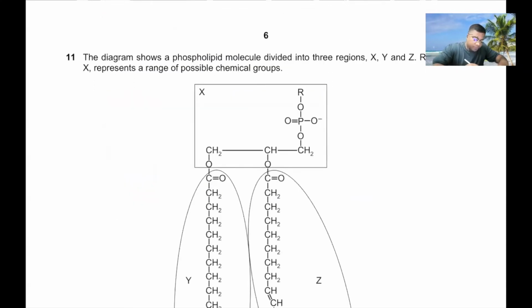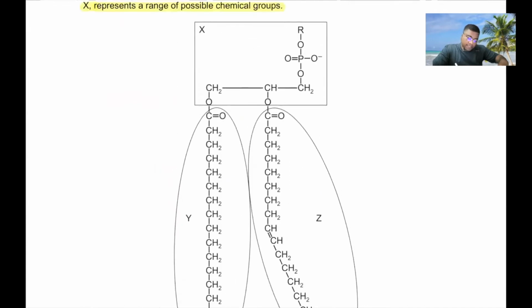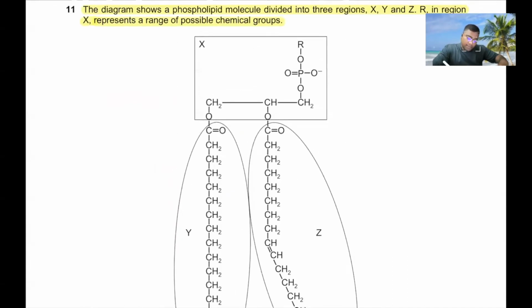Question number 11. The diagram shows a phospholipid molecule divided into 3 regions, X, Y, Z, and R. Region R represents a range of possible chemical groups. All right. So we can see X mainly shows that this is a phospholipid. X shows the phosphate head.